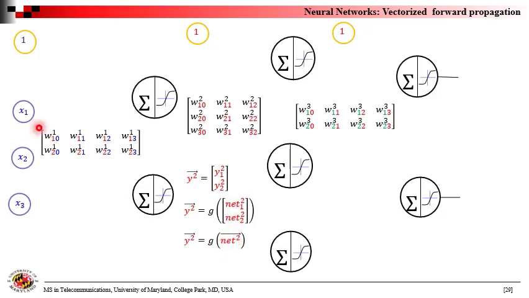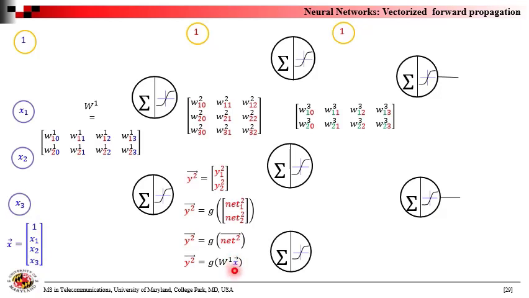We can write it like that, and we can actually show that if we call this matrix W1, then this weighted sum of layer 2 is equal to W1 times the input vector. The input vector, which includes the bias term, is simply the column vector 1, x1, x2, x3.